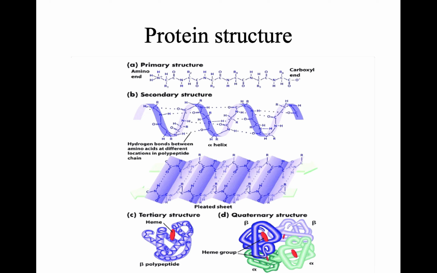Whereas the quaternary structure is restricted to proteins made up of two or three or more polypeptide chains, which interact with one another with the help of non-covalent interactions to make the quaternary structure.